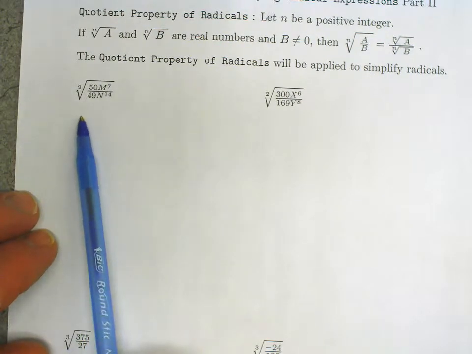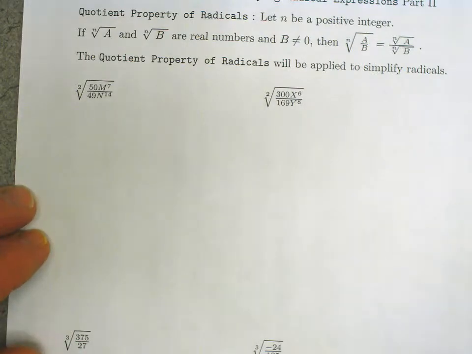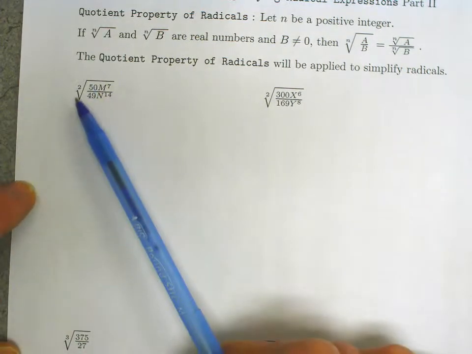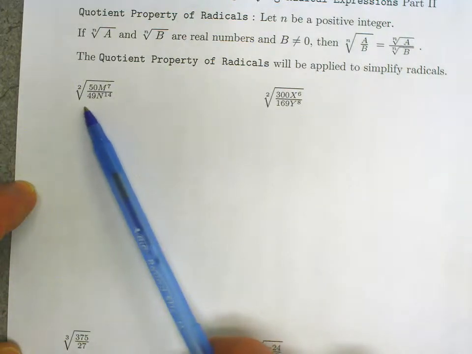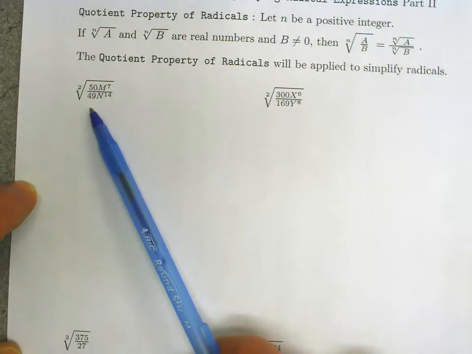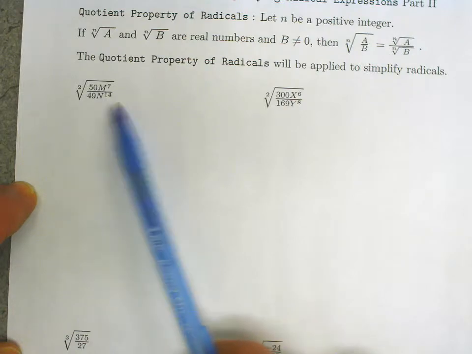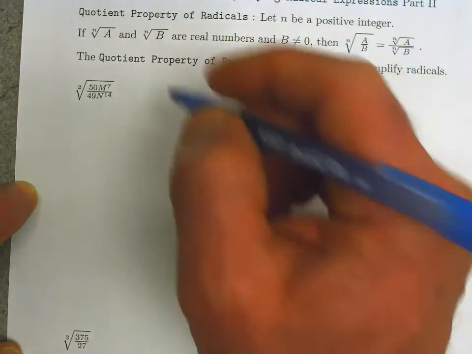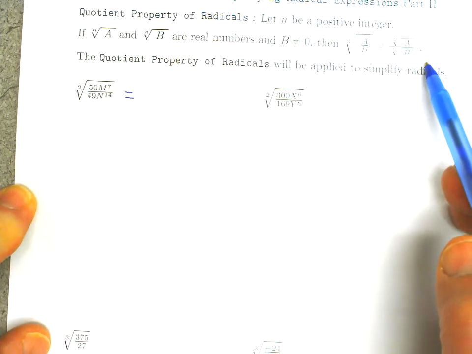we have a radical of a quotient with index 2. If it's an index 2, it's understood to be a square root. When the index is 2, you don't need to write it. First, notice that inside the radical, the quotient cannot be written in lower terms. So we might as well just go ahead and apply this quotient property of radicals.